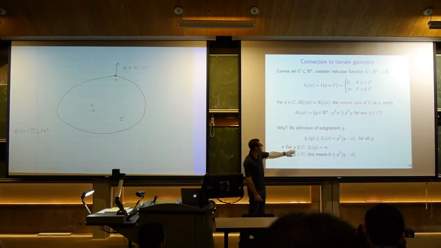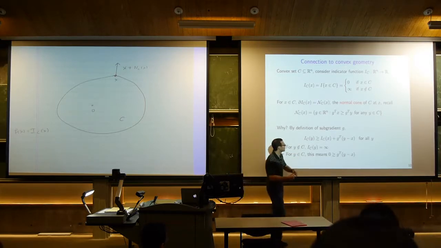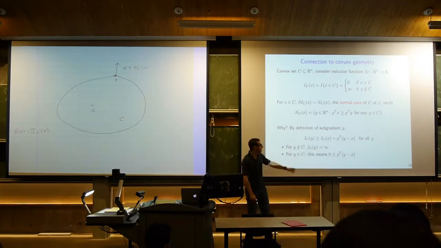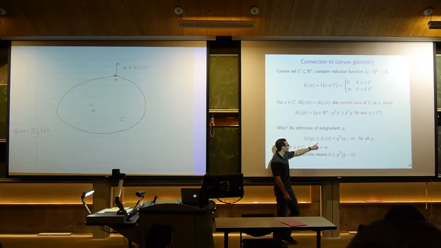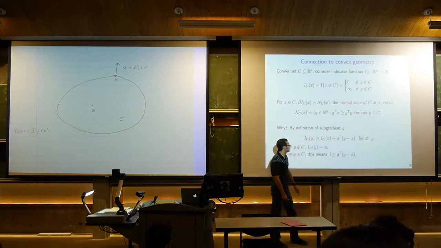That gives us absolutely no restrictions on g whatsoever. Those points don't contribute at all to the conditions that we must place on g in order for it to be a subgradient, because we have infinity being bigger than or equal to 0 plus something, and that will always be true.